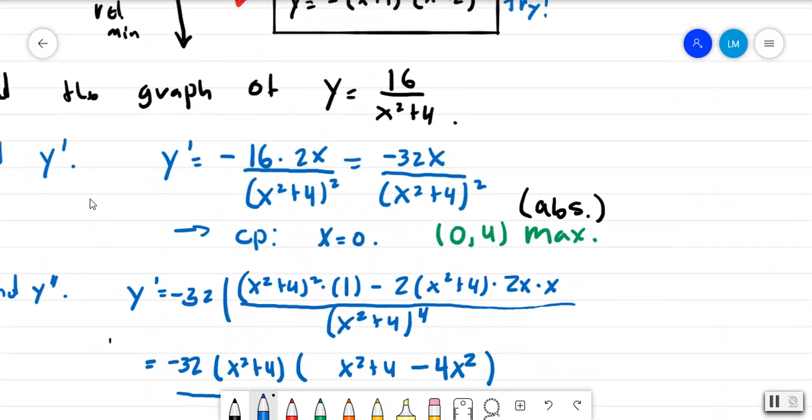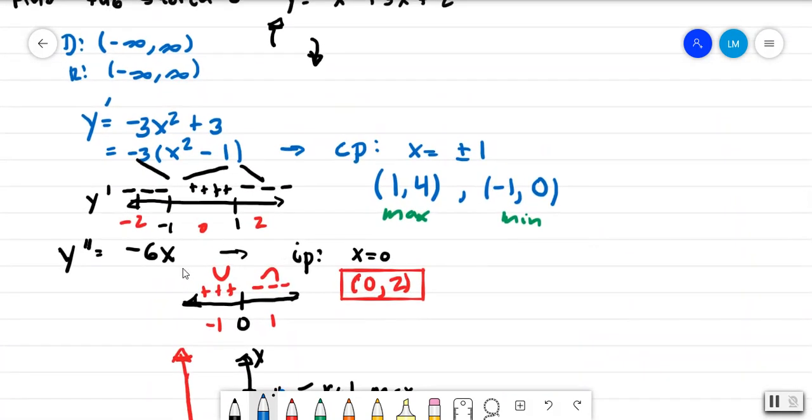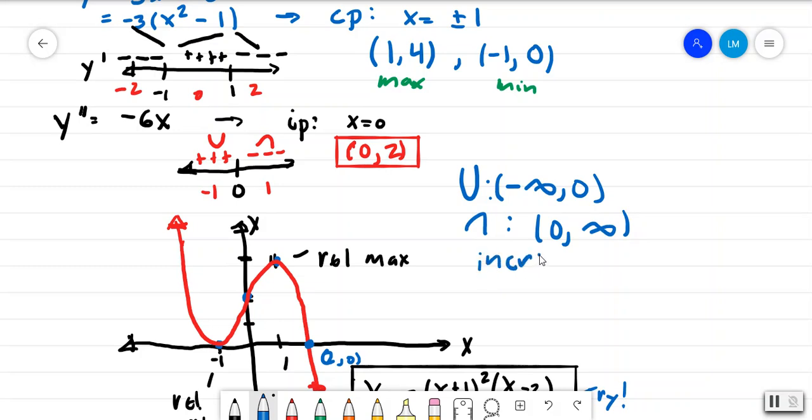I think we did include it for this one because we figured out the concavity for this one. So you have that this one was concave up from negative infinity to 0. And then this one was concave down from 0 to infinity. And then we only have that this is increasing from negative 1 to 1.